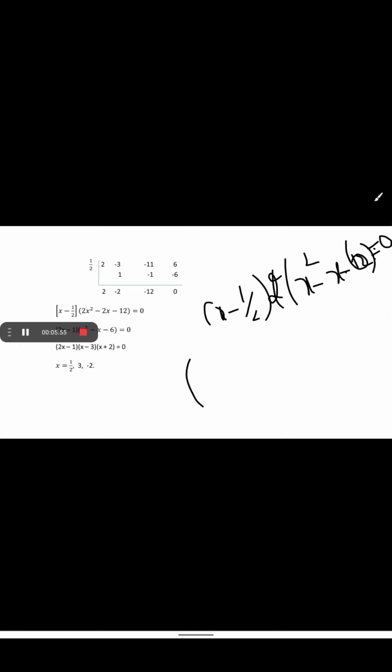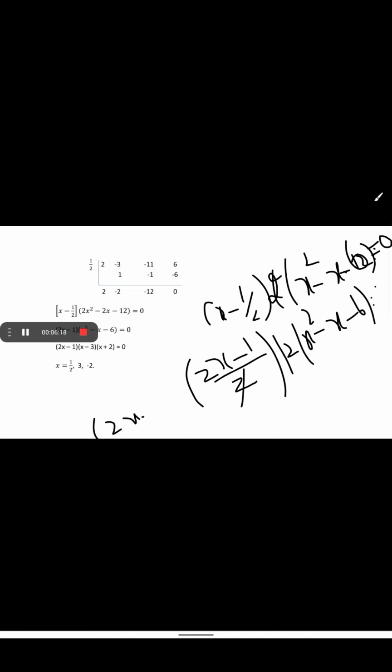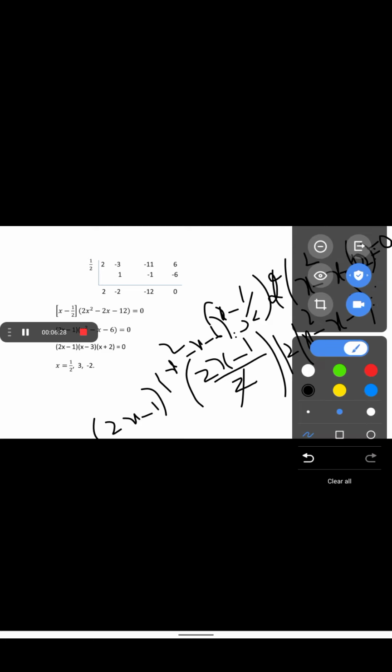Then I want to cancel this 2, so I take the LCM of 2, that is 2x minus 1, that is 2 into this x square minus x minus 6 equals 0. I cut 2. Here we get 2x minus 1, again this x square minus x minus 6, equal to 0.